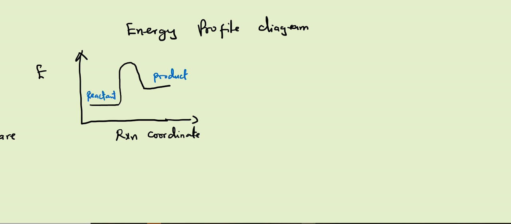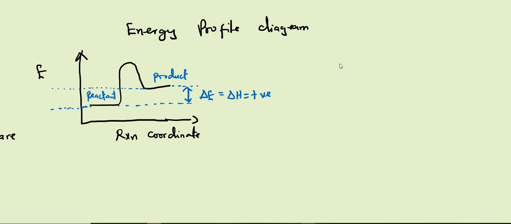Okay, so if we look at the energy for the product relative to the reactant, the product is higher in energy than the reactant. So this reaction would have a positive value for the heat of reaction. So this delta E, which is equal to delta H, will be positive because the product is more than the reactant.